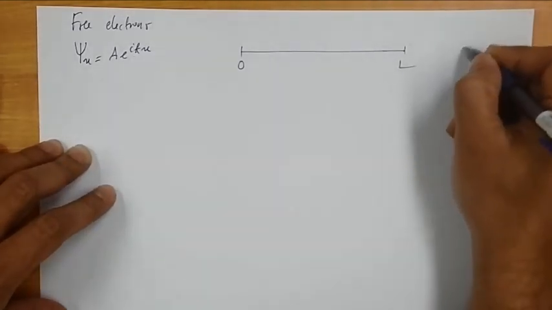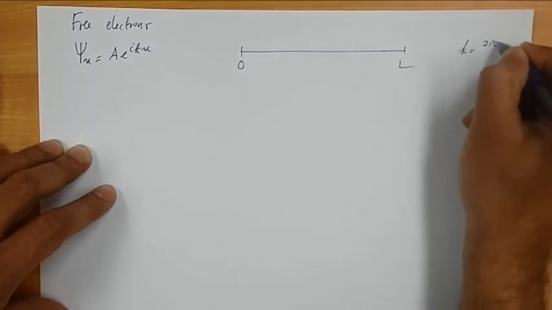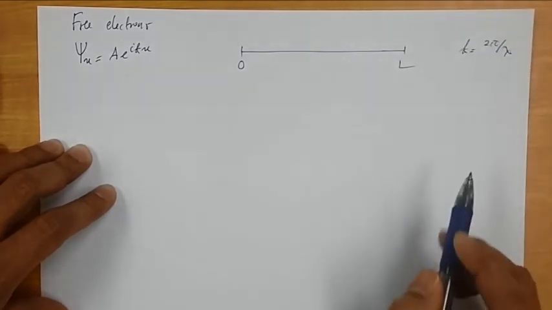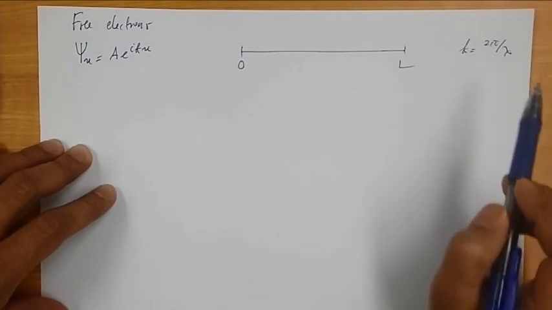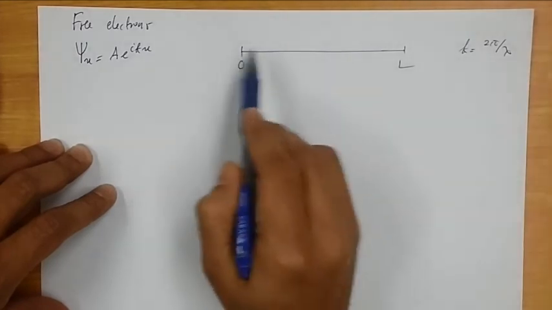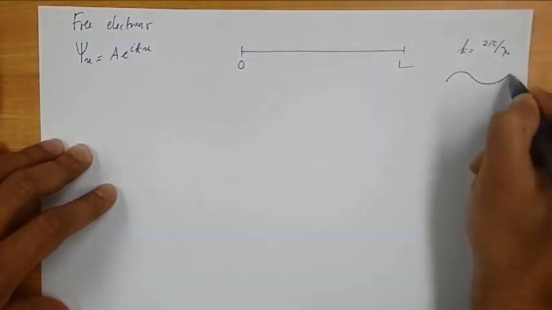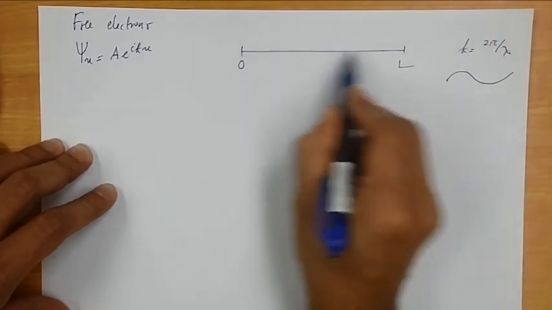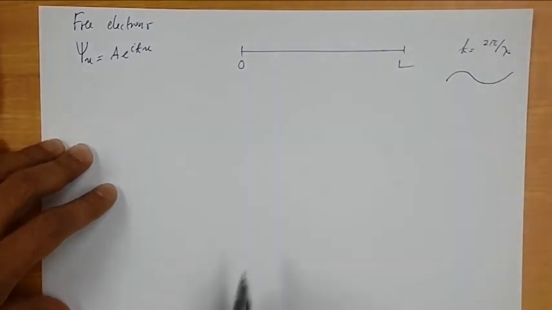Remember k is a wave vector, 2π over λ. So let's say it's moving at a certain λ. You want to know the probability of finding the electron between 0 and L.